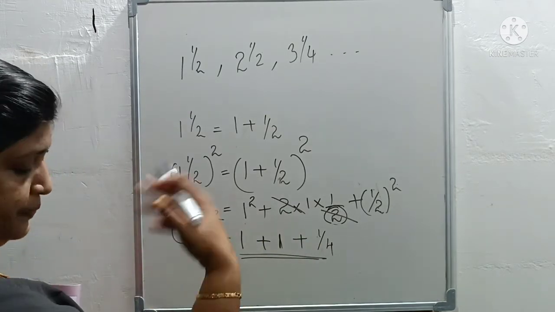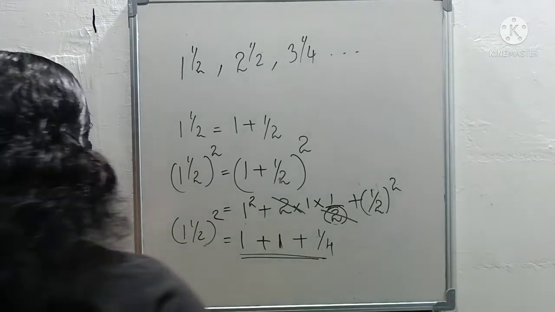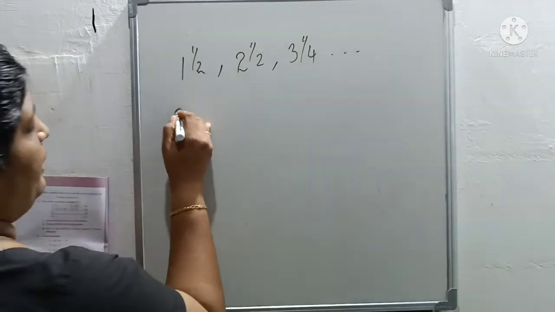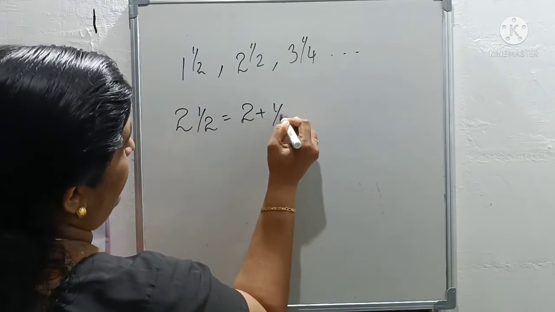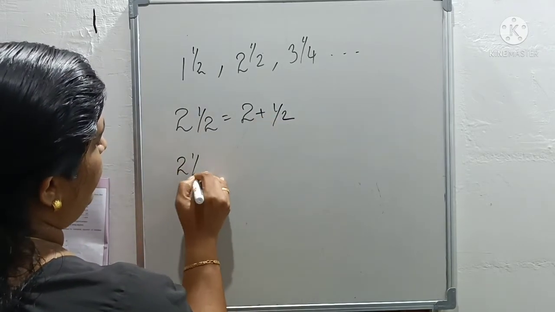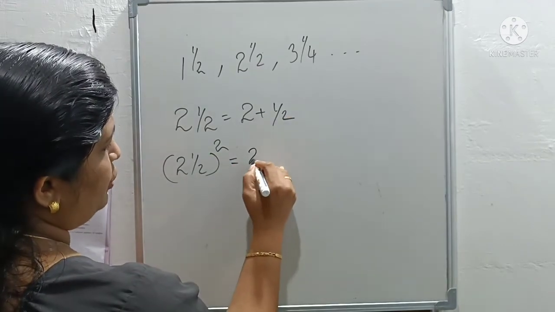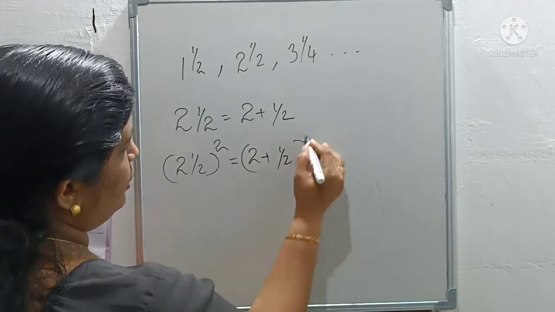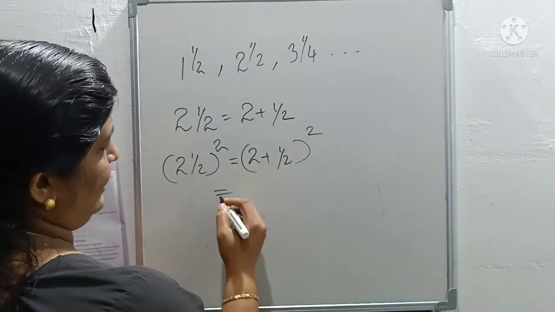Okay, now the next number, 2 1/2. So 2 1/2 is 2 plus 1/2. And what about 2 1/2 whole squared? It is equal to (2 plus 1/2) whole squared. Then using our identity (a plus b) whole squared, let us expand this.